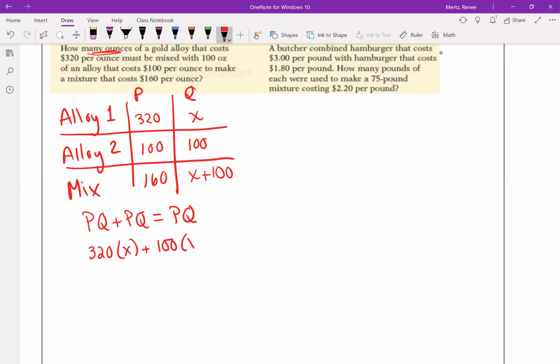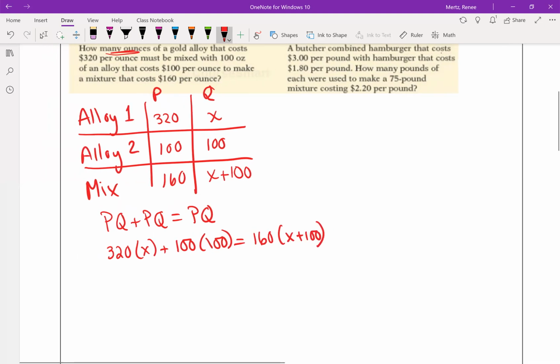I like the chart because it keeps us organized, and we just multiply price times quantity plus price times quantity plus price times quantity. So we have 320X plus 10,000 equals 160X plus 16,000.